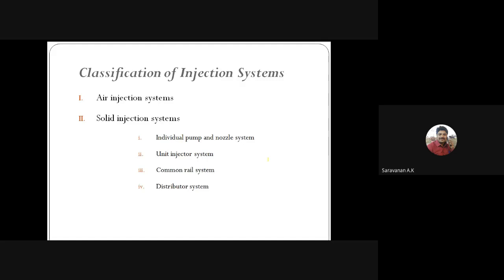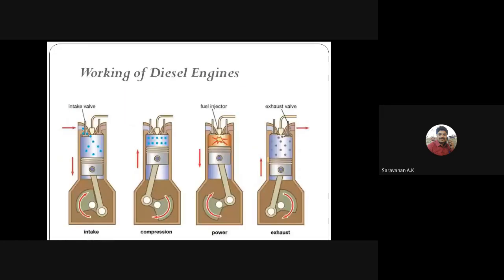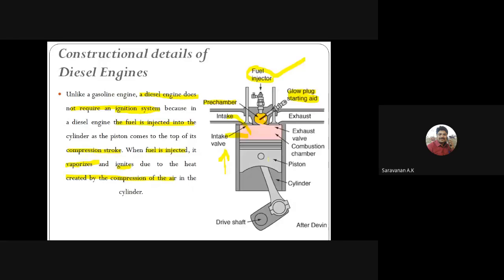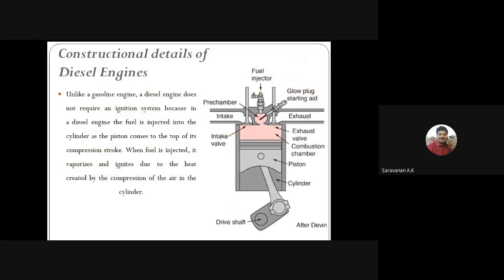In this diagram you can see we add a glow plug. Even without the glow plug, the injection system will be there.